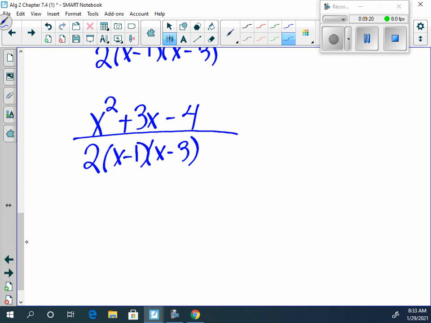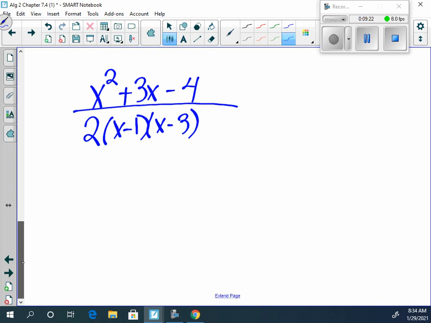Now, always, especially on the homework, if the numerator will factor, you need to factor it. Even if it's not going to have any like terms, we still need to factor it, just in case. So since the 4 is negative, our signs are opposite. Because the only way to get a negative number is if the signs are opposite when multiplying.